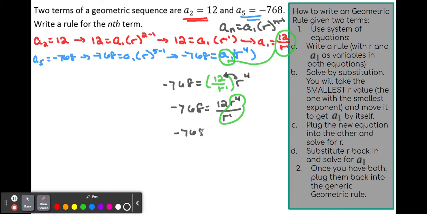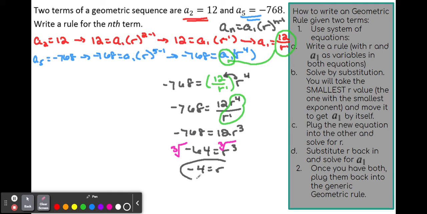So now we're at negative 768 equals 12 R to the third power. And that's easy enough for us to solve. Divide by 12. So that's negative 64 equals R cubed. You're going to cube root both sides to get rid of the cube. So you got to remember how to solve exponents here, and you end up finding that this is -4.